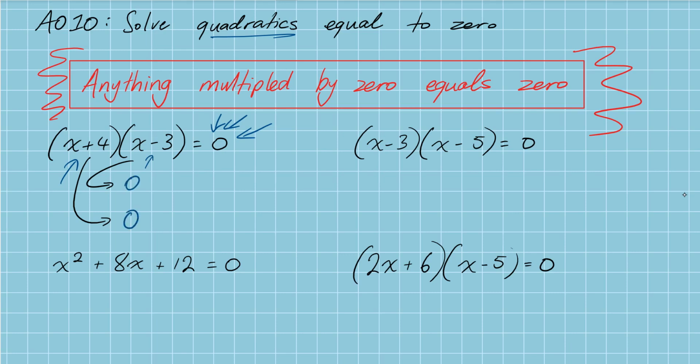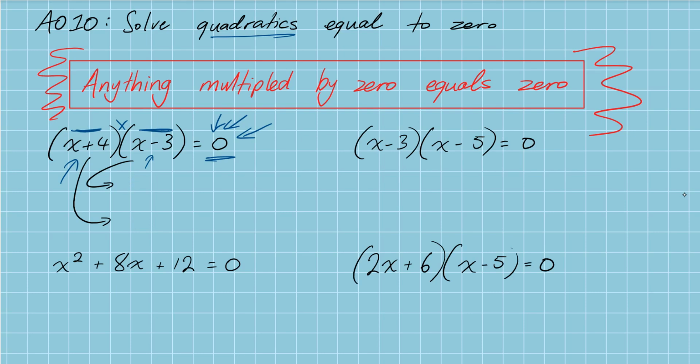In order for this bracket multiplied by this bracket to equal 0, either this or that has to equal 0. So this gives us an easy way to identify what the value of x is, or what the value of x could be.